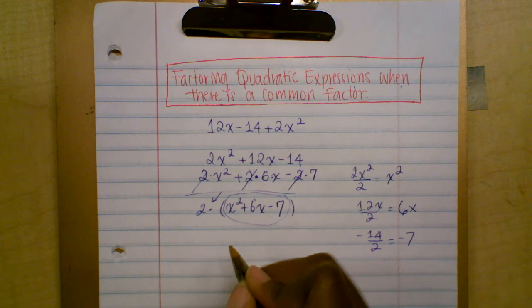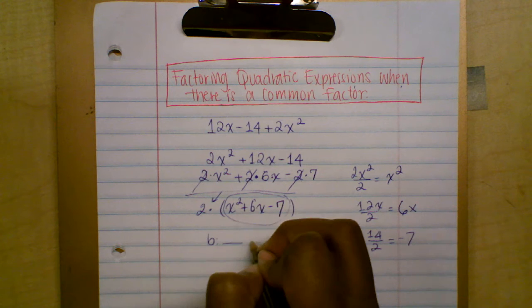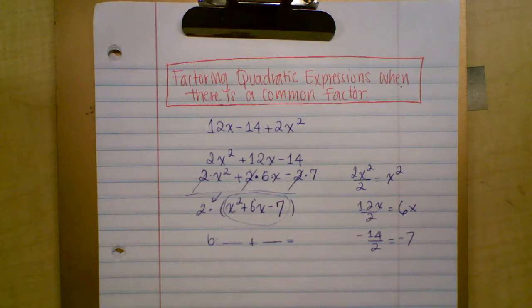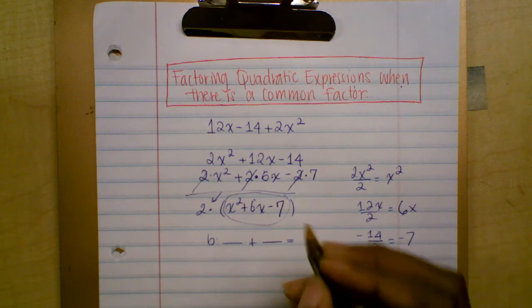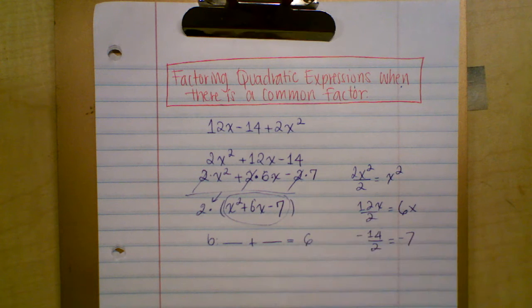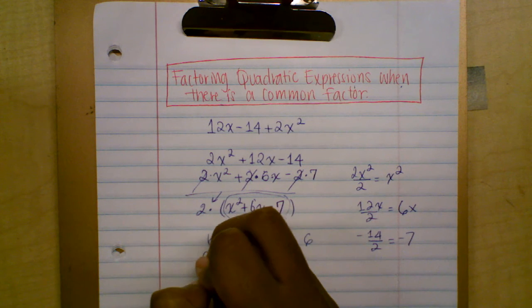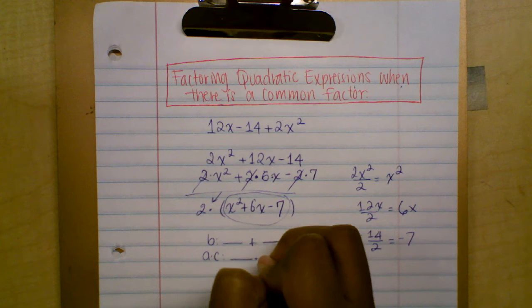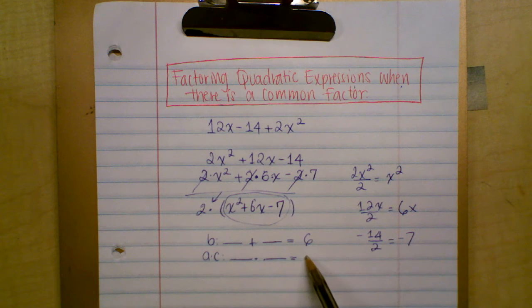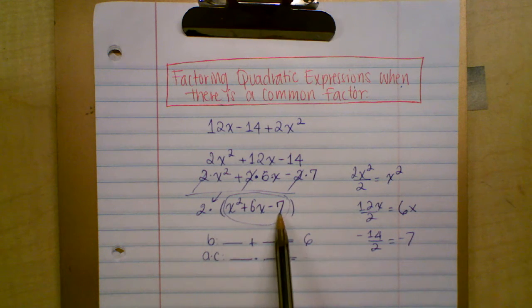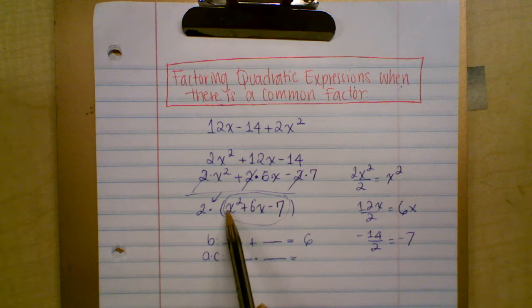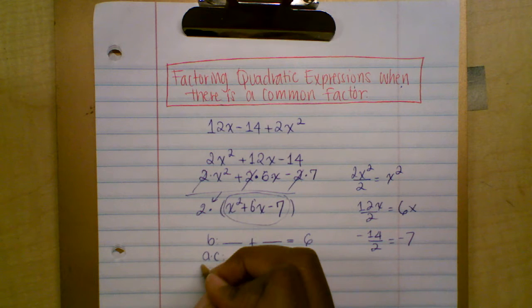So what do you want to do next? You want to find two numbers that add to b, the middle term, which is positive 6, and multiply to a times c. The leading coefficient a, the number in front of x squared, is 1.